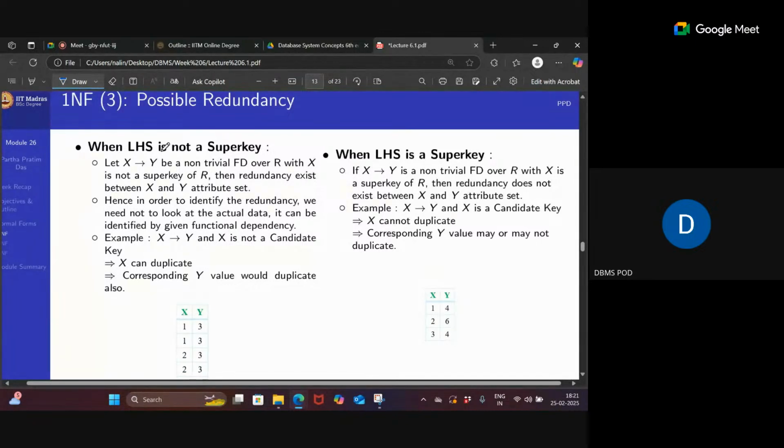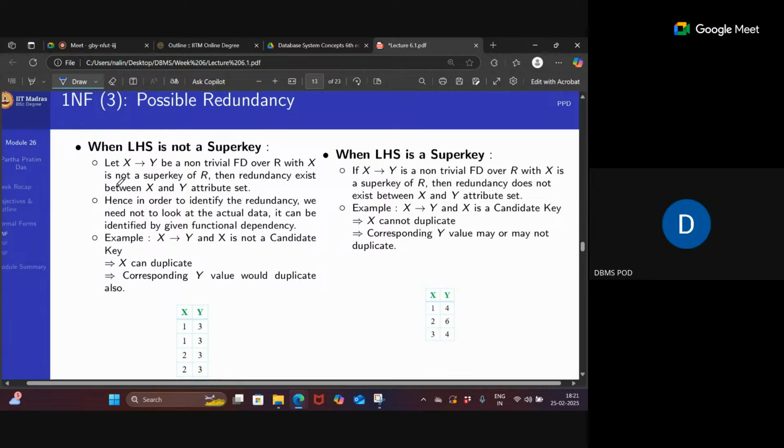When is redundancy possible in 1NF? When LHS is not a super key. Let X determines Y be a non-trivial FD, that means Y is not a subset of X over R. If X is not a super key of R, then redundancy exists between the X and Y attribute sets.